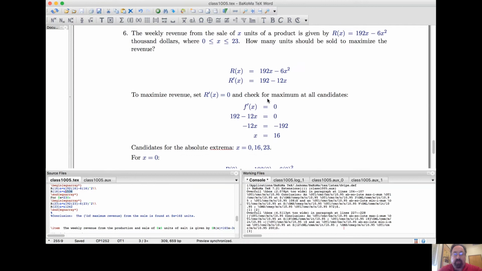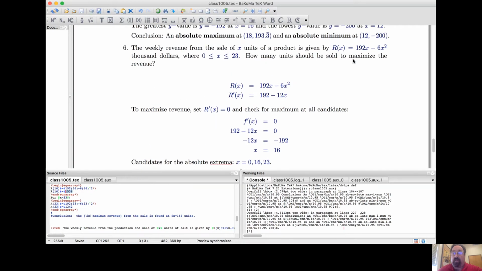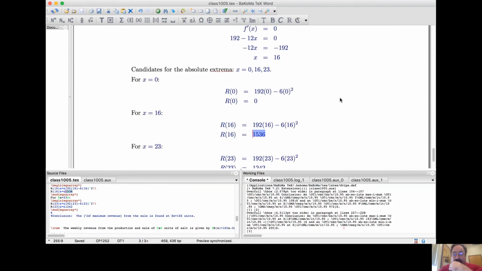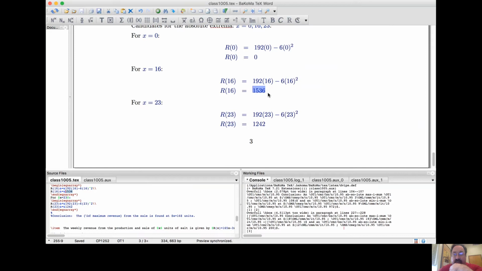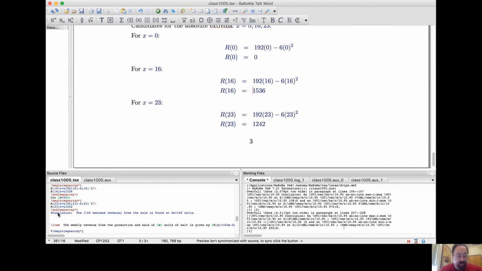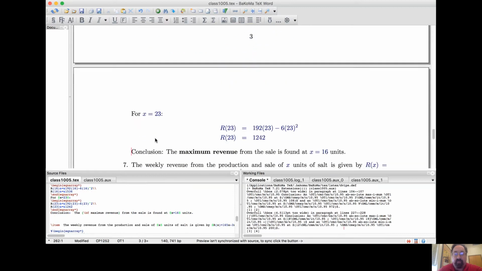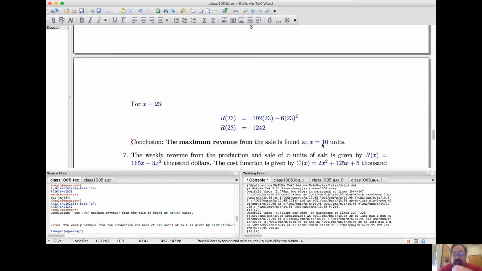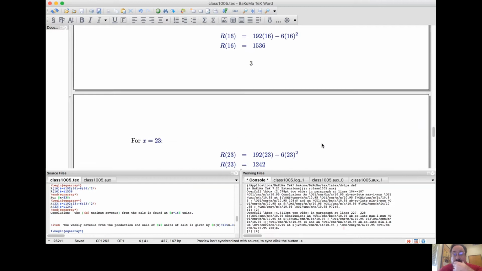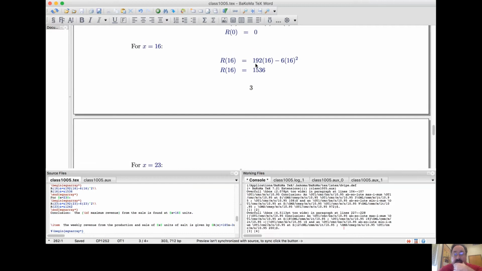Now, if we look back at the problem, unlike our previous problems where we asked for both the absolute max and min, here we only care about the max. So this is the largest value on the entire interval, so that is where the maximum revenue occurs. All right, so x equals 16 units is where that happened.